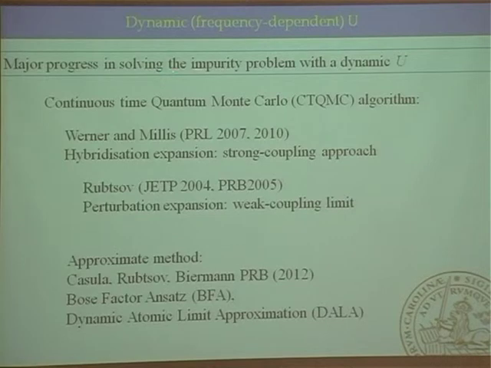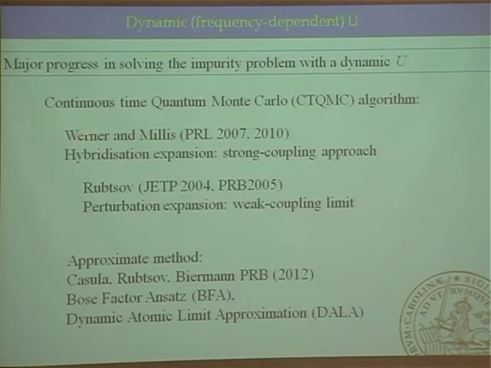There's some important development in the last couple of years, mainly driven by Philipp Werner and Alexei Rubtsov. There's a new method based on the continuous-time Quantum Monte Carlo algorithm that allows us to solve the impurity problem with dynamic U, not just static U, but frequency-dependent or time-dependent U.